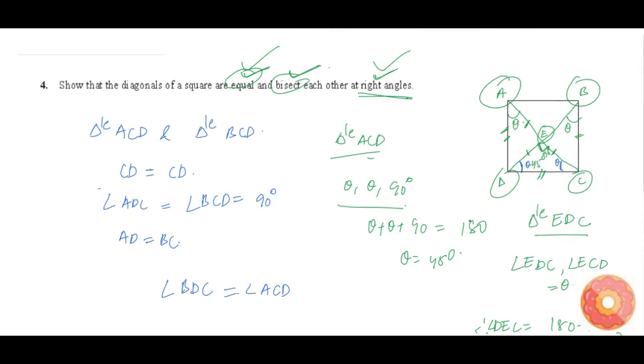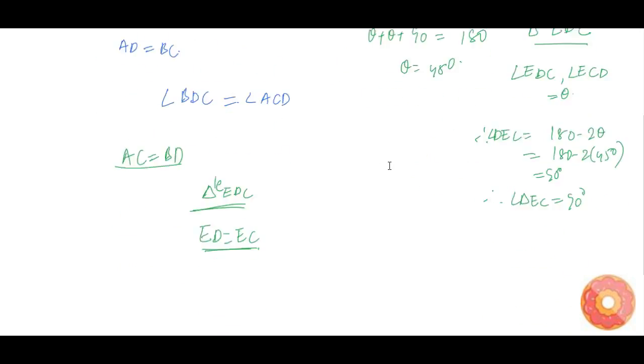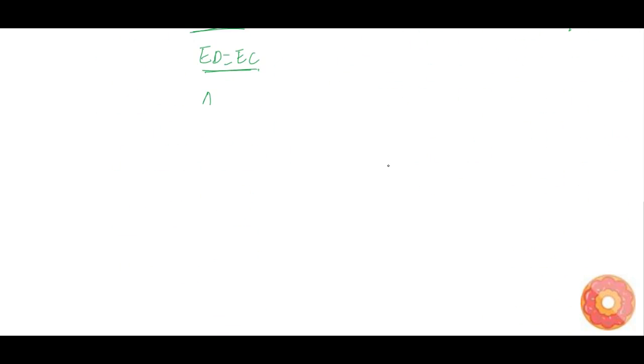Since angle EDC is equal to 45 degrees, now angle ADE is going to become 45 degrees. Therefore, from triangle AED, you can be sure that AE is equal to ED.